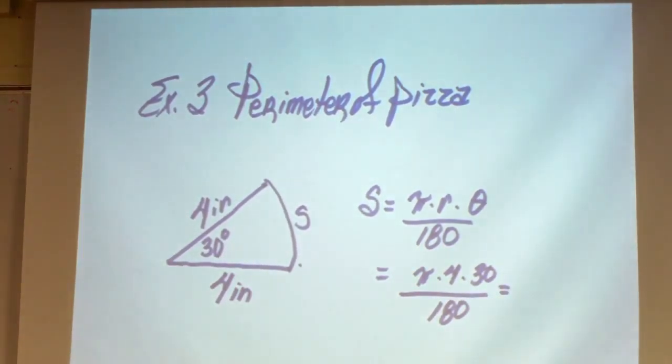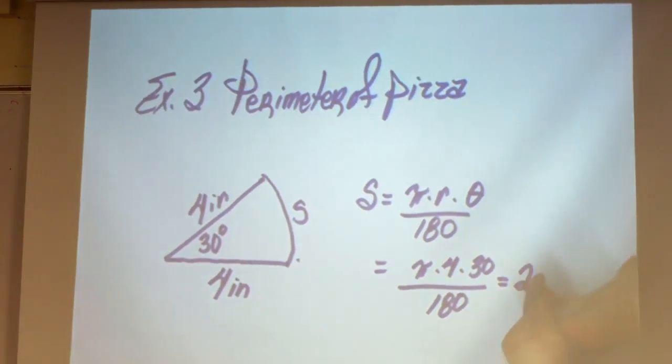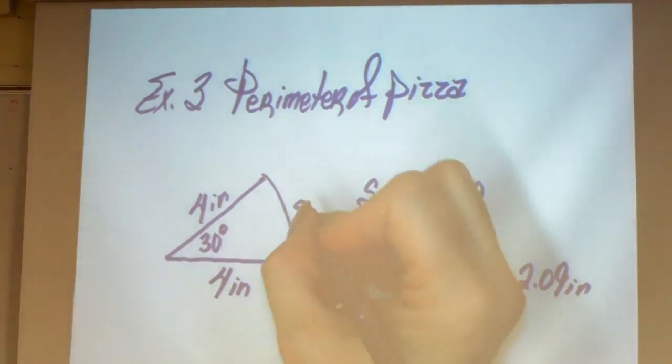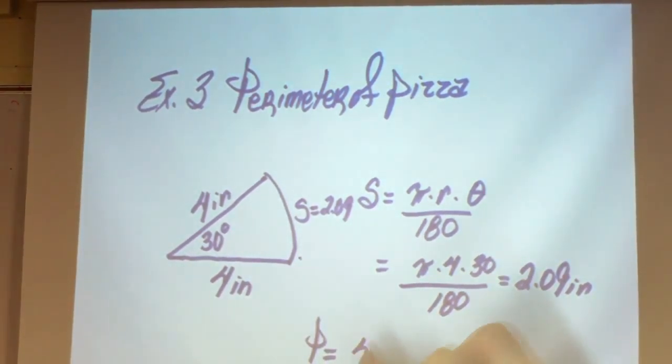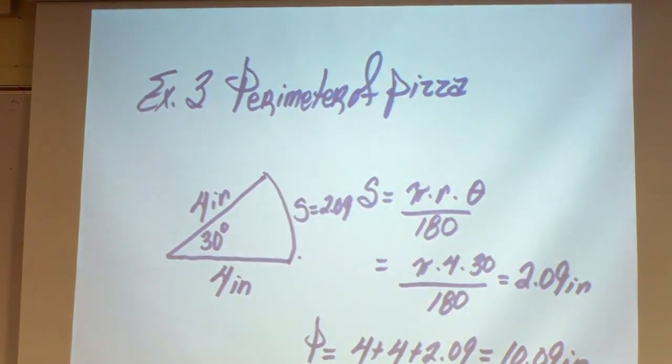Plug it in your calculator, and for this one, I get 2.09 inches. So my perimeter is going to be 4 plus 4 plus 2.09, or 10.09 inches. Okay, that's the example for perimeter.